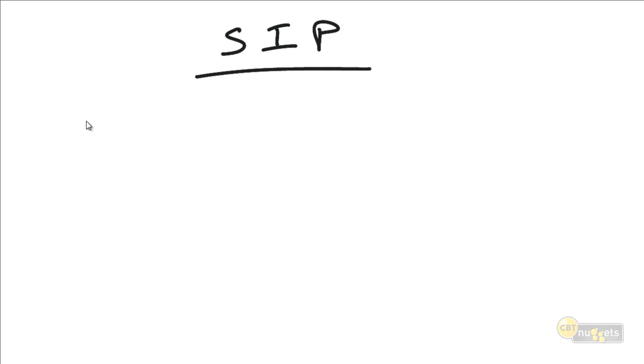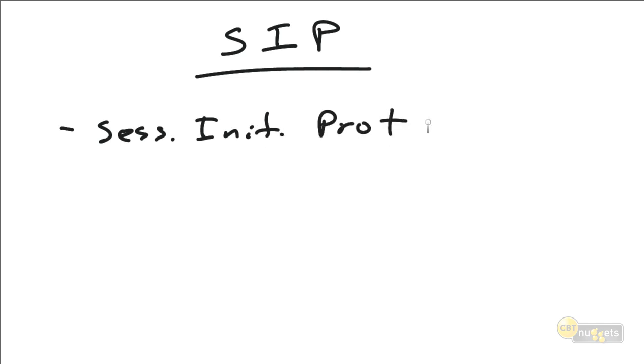Now, wait a minute. The Skinny Client Control Protocol is a Cisco invention. What if we have phone systems that don't know about it, but we still want to control those with the Cisco Unified Communications Manager? Well, that's where SIP comes in. SIP is the Session Initiation Protocol, and SIP is not Cisco proprietary. So we have our Cisco Unified Communications Manager.